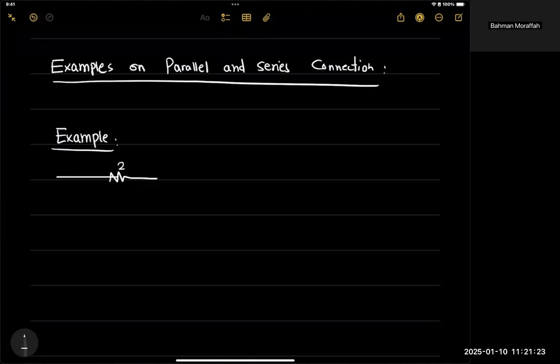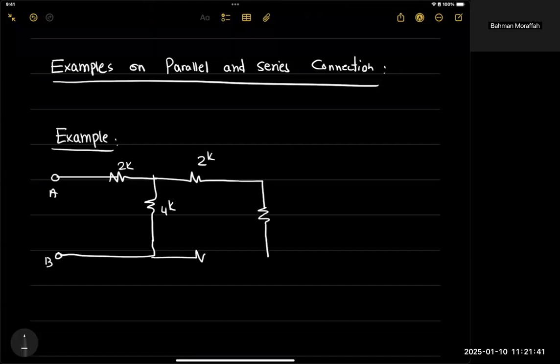which is a 2K over here. It's a 4K over here. Just call this A and B. This is another 2K, followed by a 6K and a 9K here.